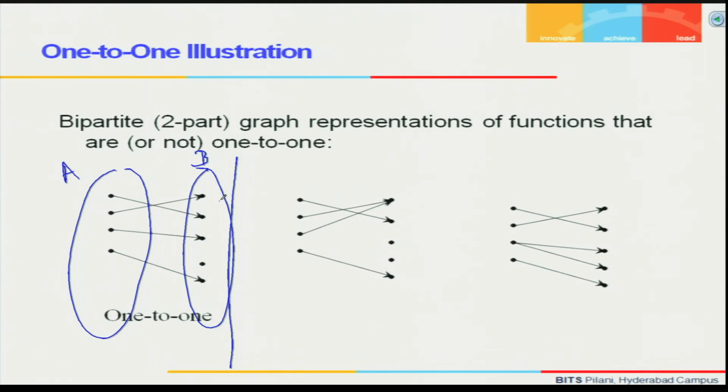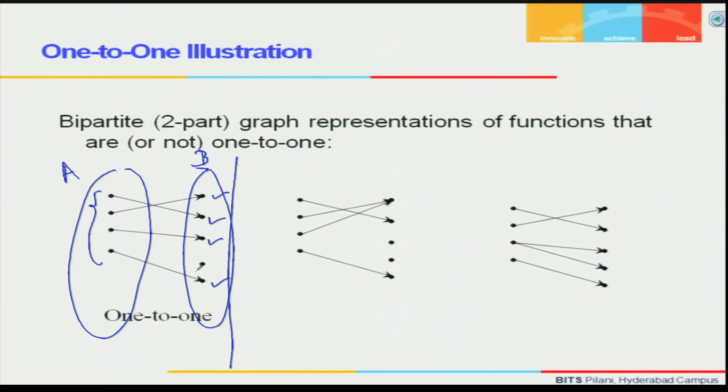This is one-to-one because every element here is mapped to an element here, and no two elements are having the same element as its image. Distinct elements here are going to distinct images, isn't it? There are 4 elements here, they are all going to 4 different images. Hence it is called one-to-one.